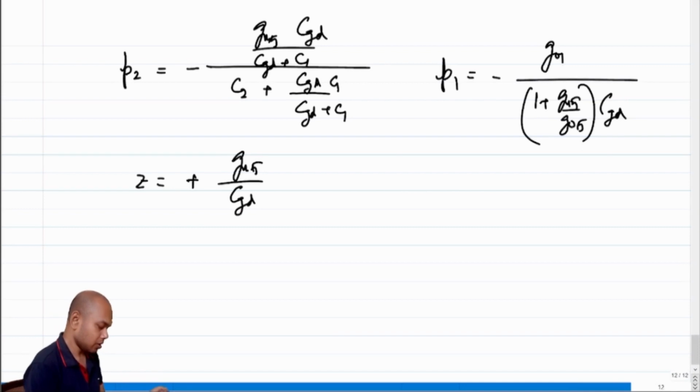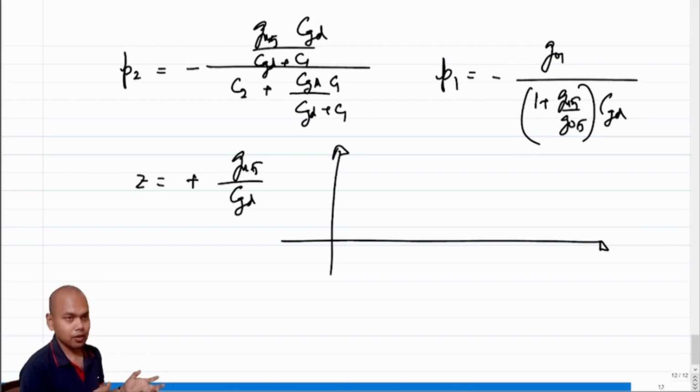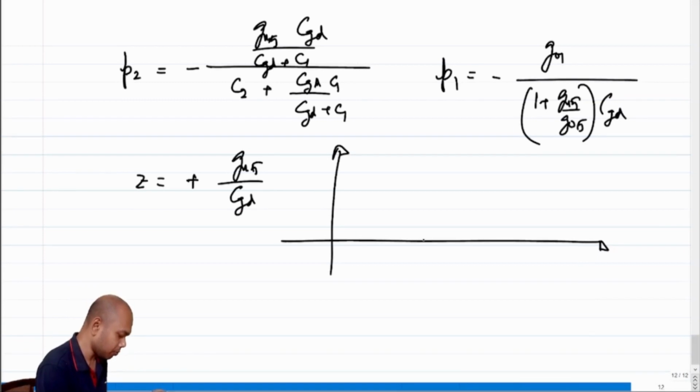Okay, great. So now let's see what is the effect of the poles and zeros in the presence and absence of cgd. In the absence of cgd, what was the pole P1?